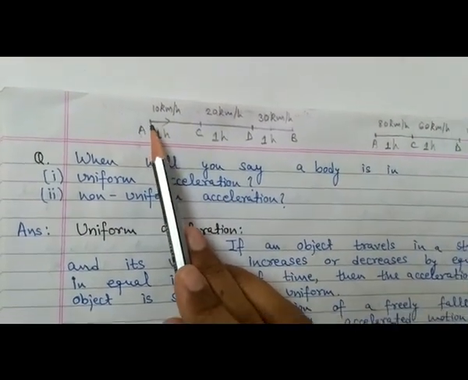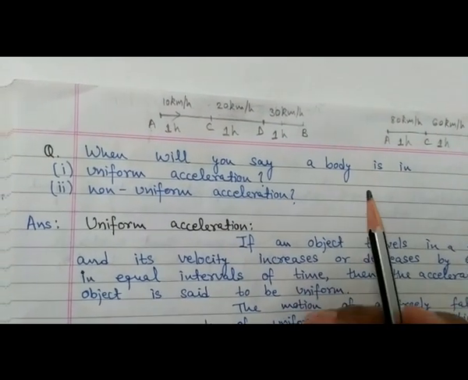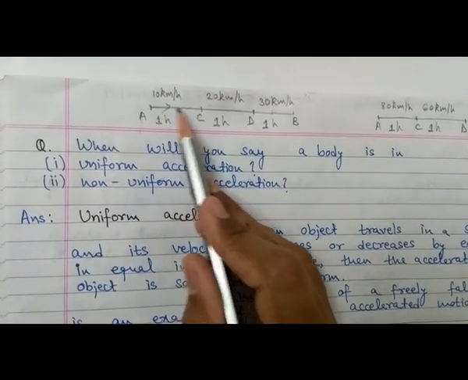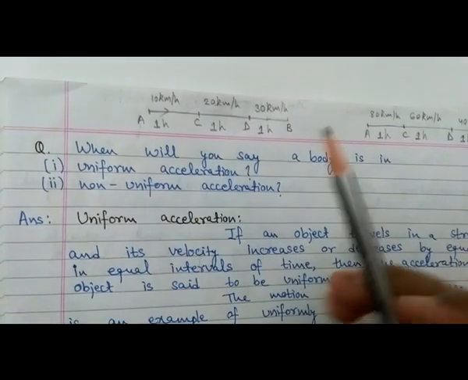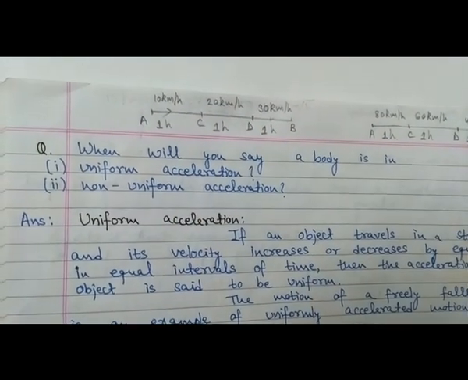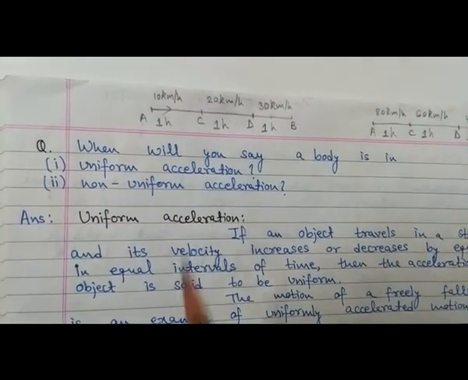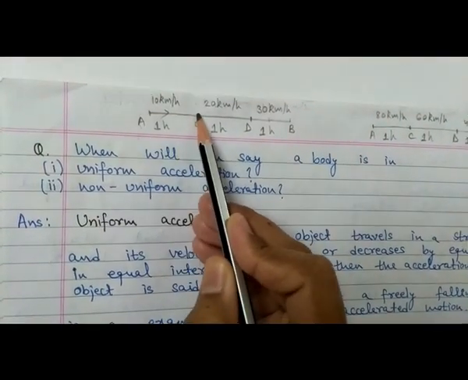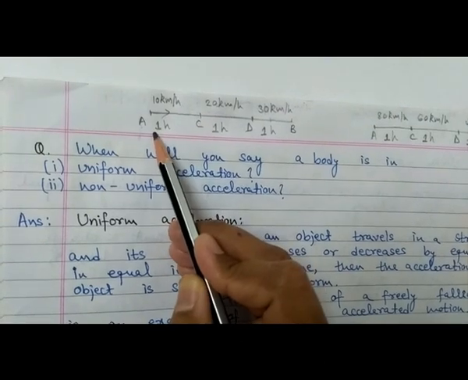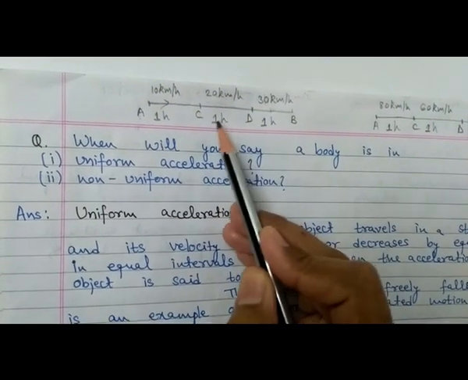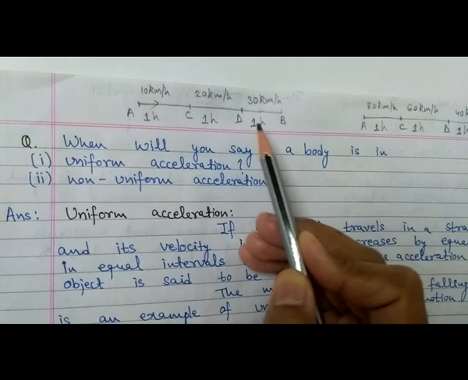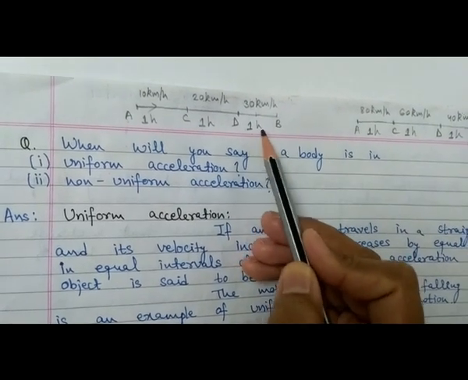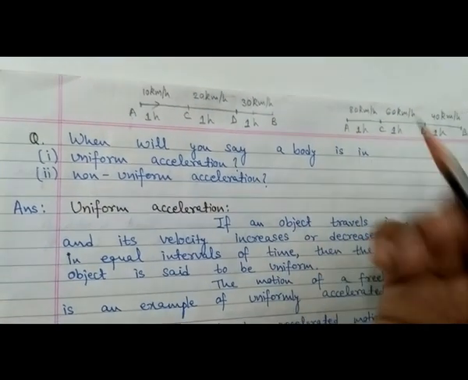A car is going from A to B. I have divided the entire journey into equal time intervals, and each time interval is of 1 hour. That means AC distance is covered in 1 hour, CD distance is also covered in 1 hour, and DB distance is also covered in 1 hour.